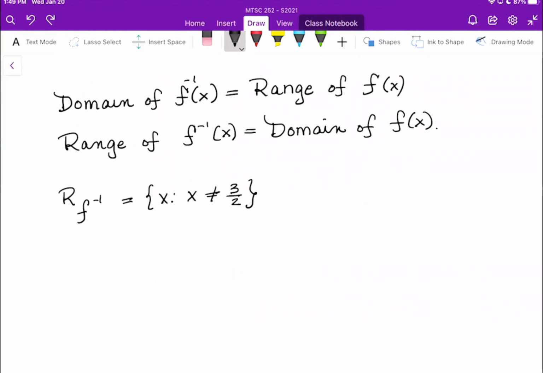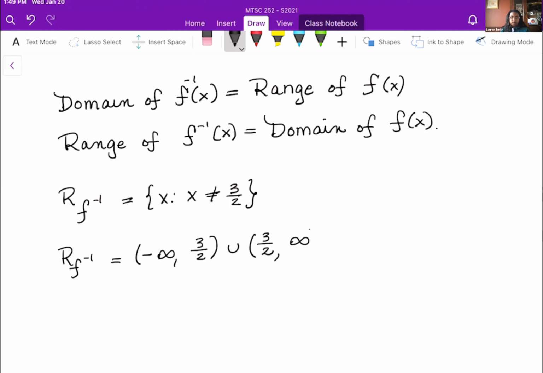Good question. How would you write it, Lauren? I put negative infinity to 3/2, in parentheses, not brackets, union with parentheses 3/2 to positive infinity, parentheses. That's correct.